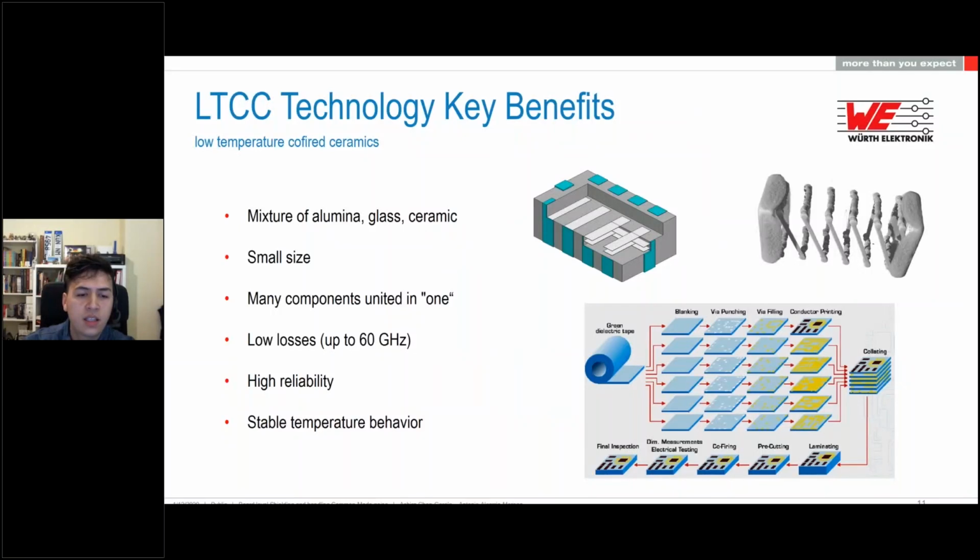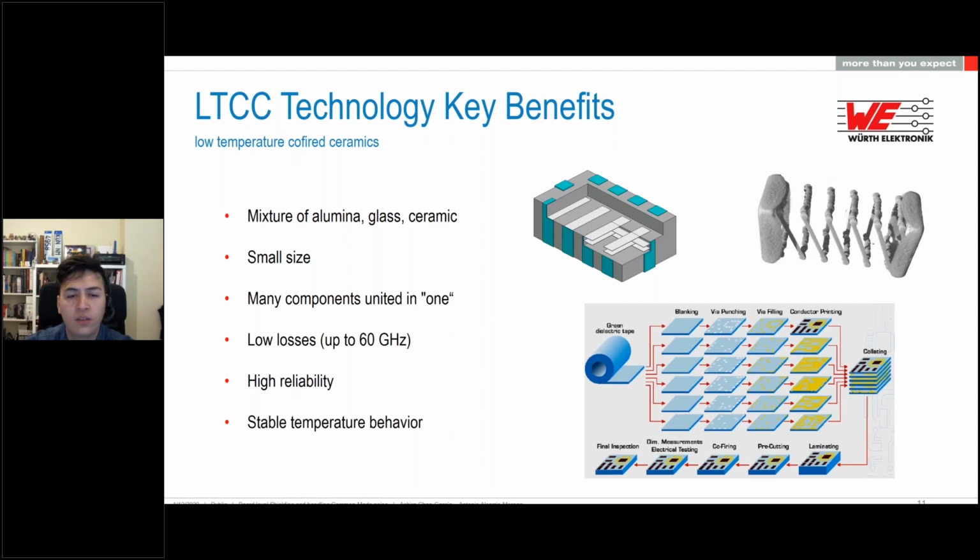The LTCC technology, or low temperature co-fired ceramics, is a well-established technology and has been used for many years. And in this case, we're using the transmission line principle and with different layers to design this choke.